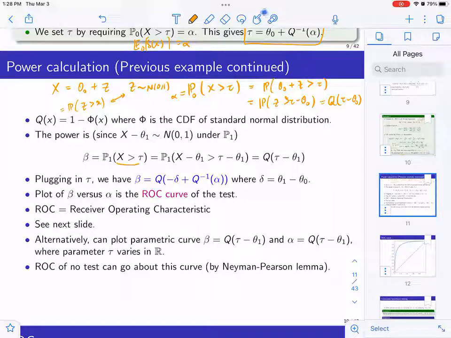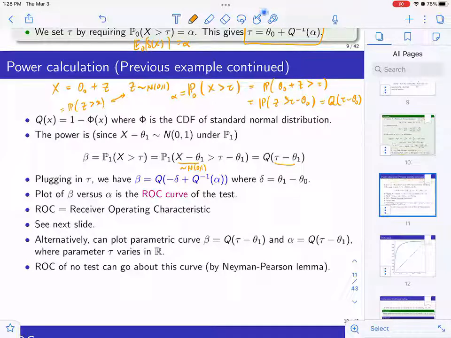And under the alternative, you can subtract theta 1 from both sides here. And this is going to be standard normal under the alternative, right? Under the alternative, X is still normal with mean theta 1 and variance 1. And so this is basically Q of tau minus theta 1.